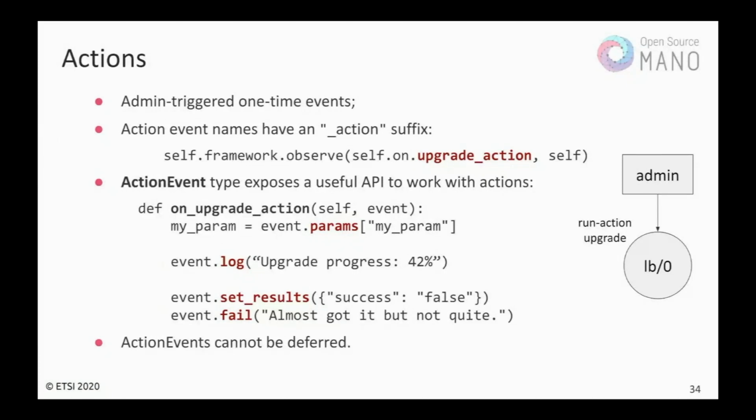So that's one detail about actions. So the action event handler must produce a result effectively, right? Even if that result is, I can't run now, an error, effectively it has to be dealt with immediately.